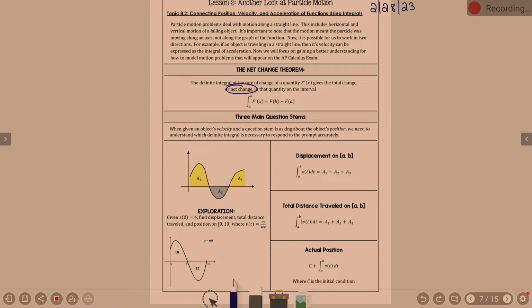Keep in mind, when we see an integral written out like the definition, we usually see the integral from a to b of lowercase f of x equals capital F of b minus capital F of a, correct?